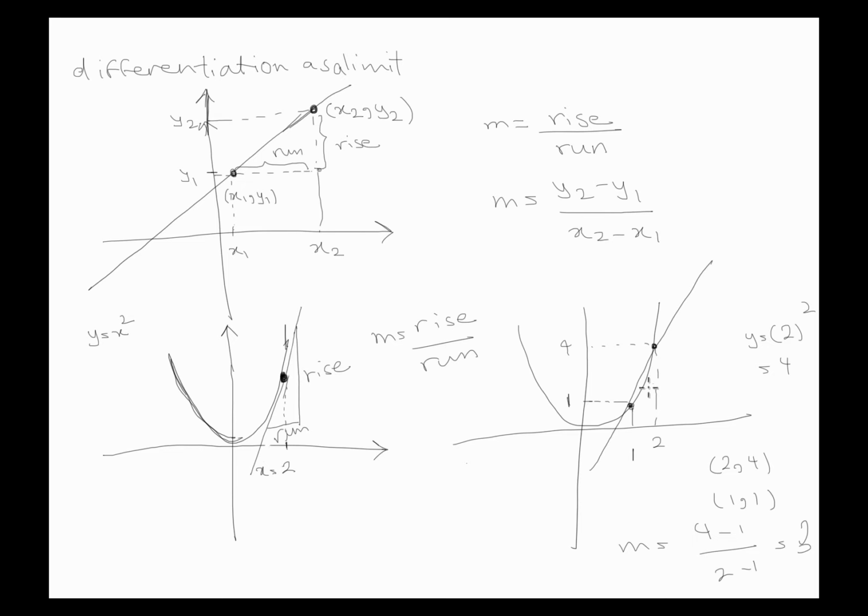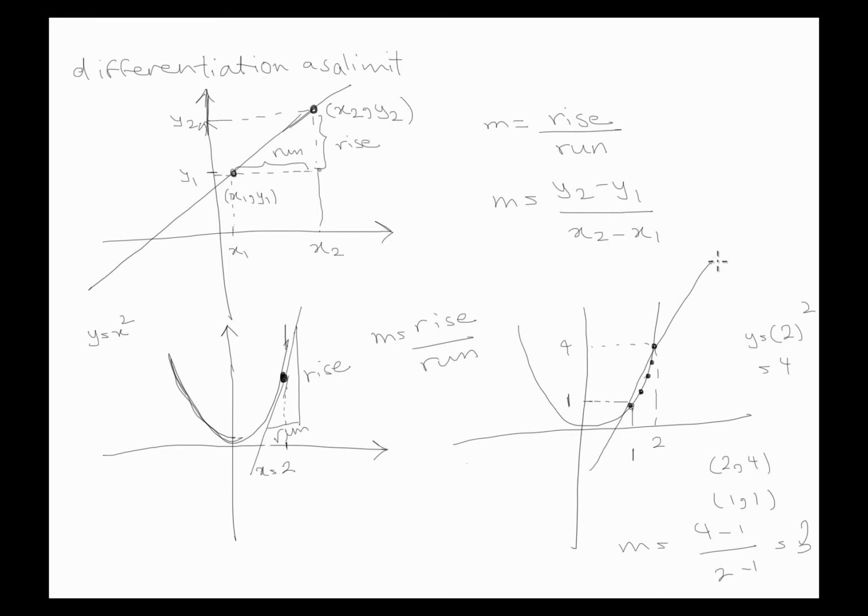Our aim is really to find 2 points. But realistically, the gradient of this line is quite different to that line. So what we could do is bring this second point closer to our x is equal to 2. The line that we draw, we call a secant.